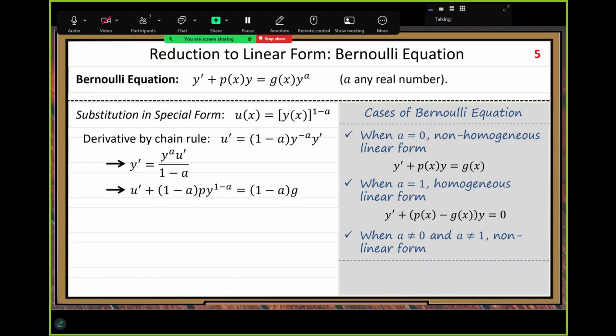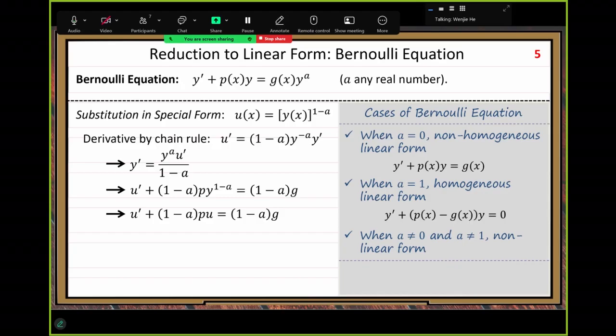Then now you plug in. Because y to the a does not cancel out, simplify like this. Then another step of simplification. So y is gone, you only have the u function.